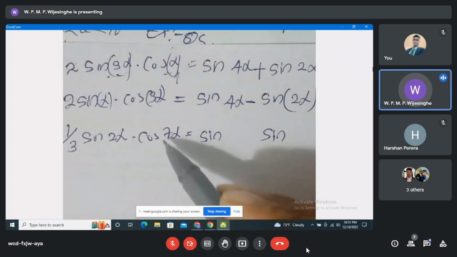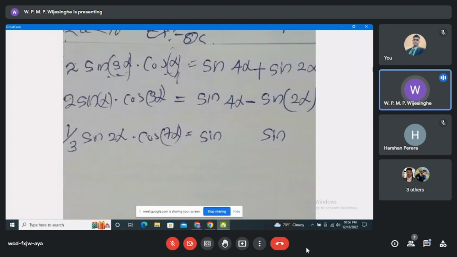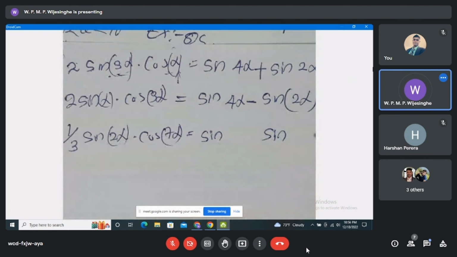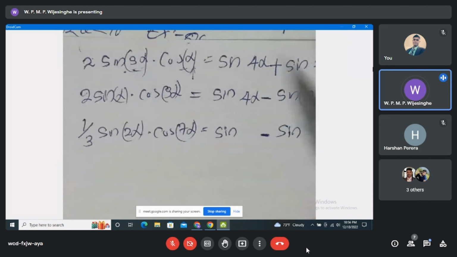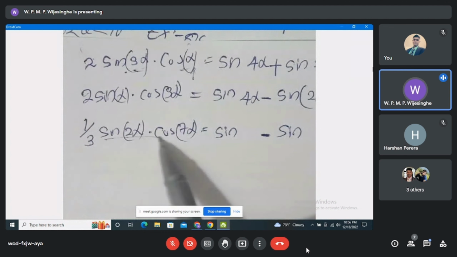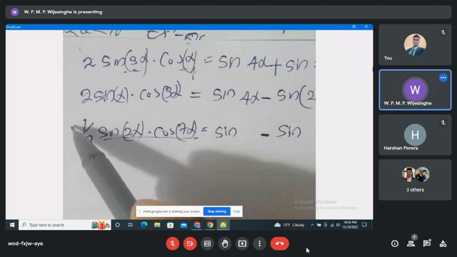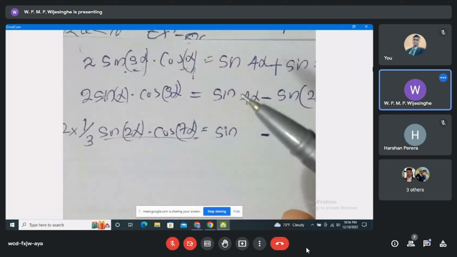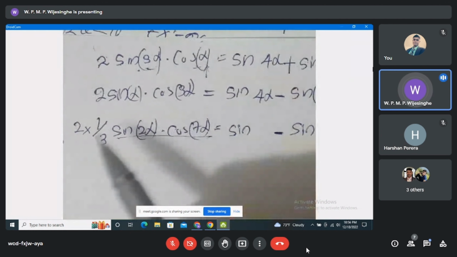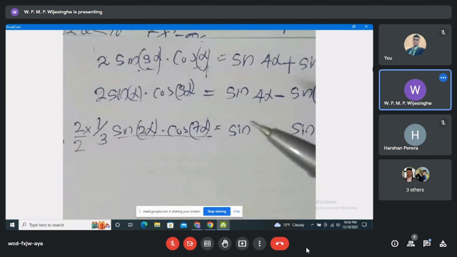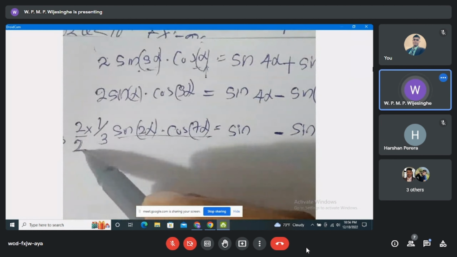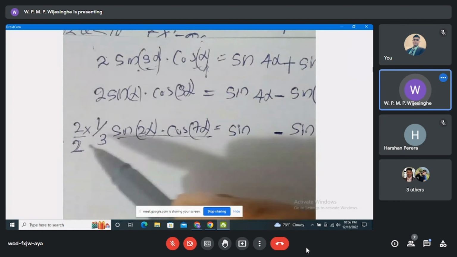And here the angle in the cos is greater than the angle in the sine. So it should be a difference, right? So here this term is missing 2. It should be 2 here, right? I add this 2 here, then in the denominator I should add 2.